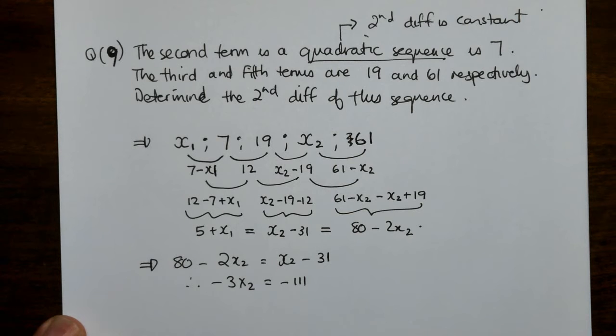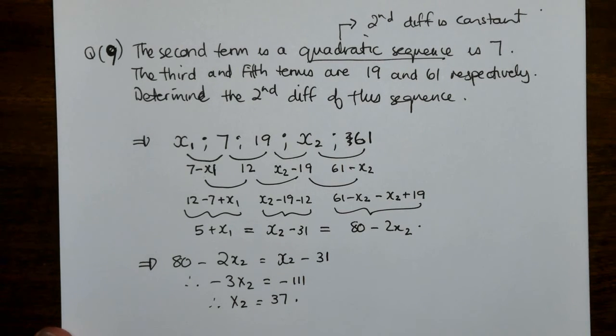And now I have to divide that by 3. So what do I get? I get that x2 is indeed 37. Now that's all I needed. They asked me to find the second difference. So in fact I don't need the x1.